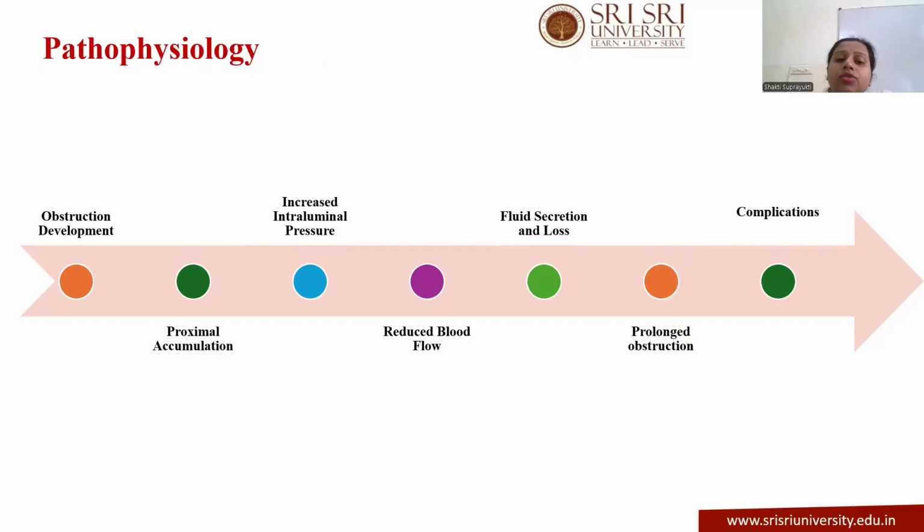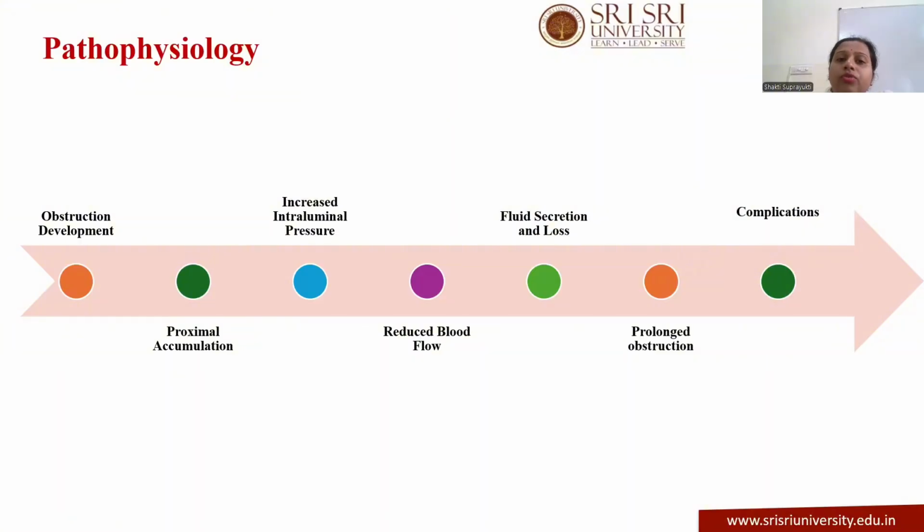Then after that, it leads to fluid secretion and loss. Due to blockage and reduced blood flow, there is fluid secretion and loss. Then that leads to prolonged or continuous obstruction, which also causes complications. The complication is ischemia, due to reduced blood flow. Okay, all understood.